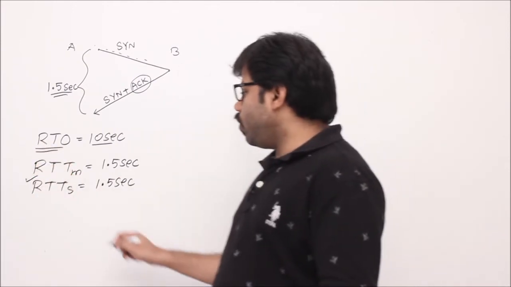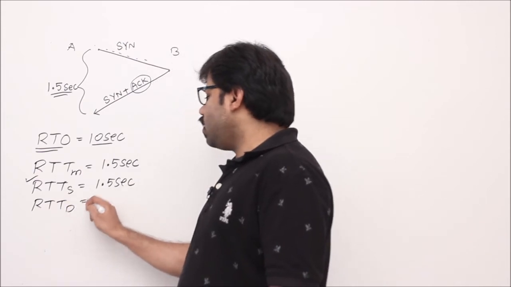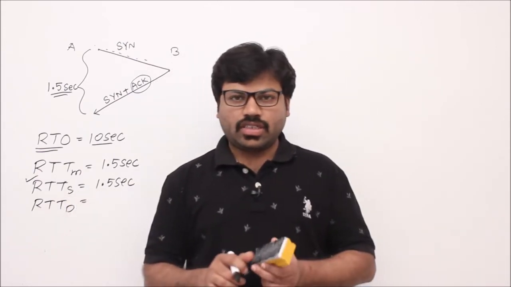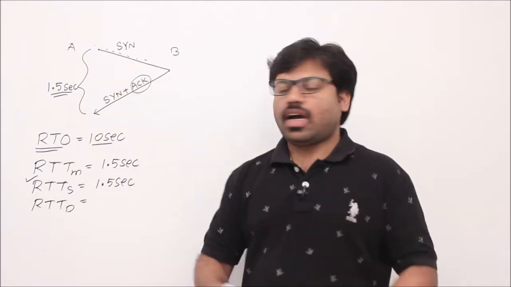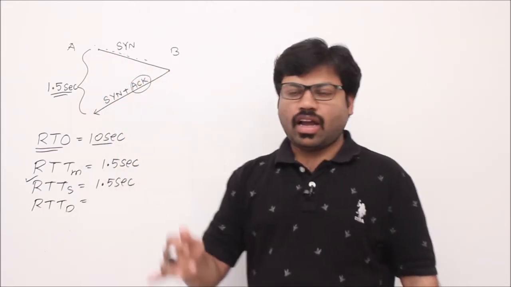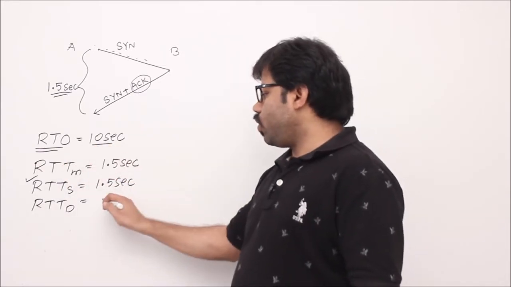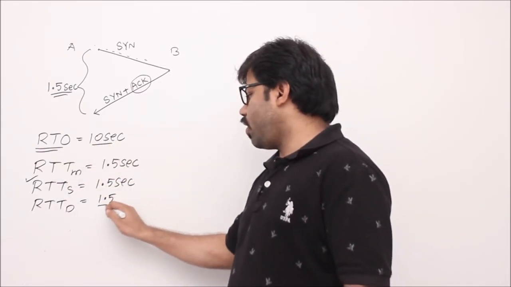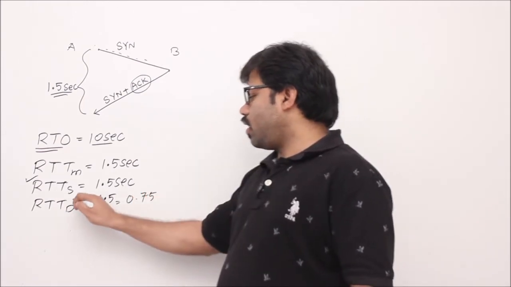Now we have to compute RTT deviation. Did you remember RTT deviation? First time we don't know, that means before starting, but after getting the first measurement, RTT deviation is very simply your RTT measurement by 2, correct? This is initialization: 1.5 by 2, 0.75. This is about RTT deviation.